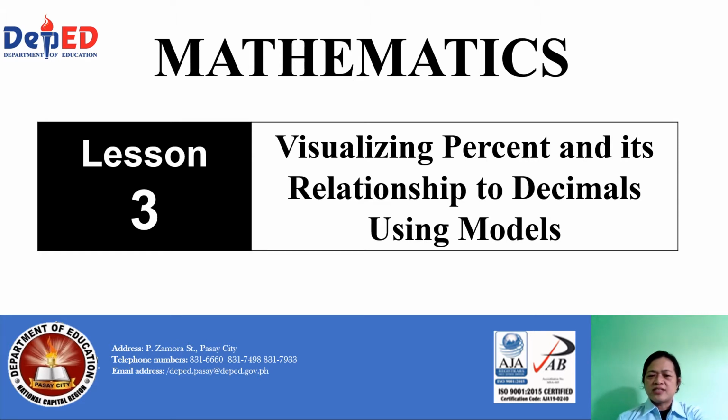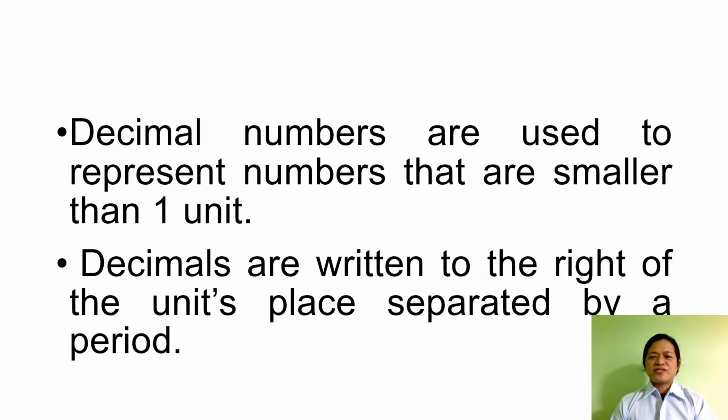Before we proceed, do you still remember what a decimal is? Very good. Decimal numbers are used to represent numbers that are smaller than 1 unit. Decimals are written to the right of the units place separated by a period.